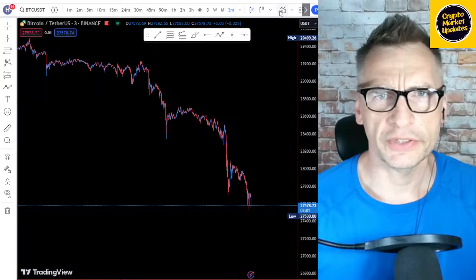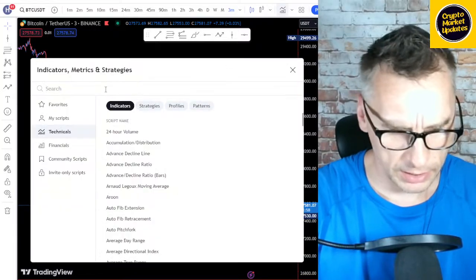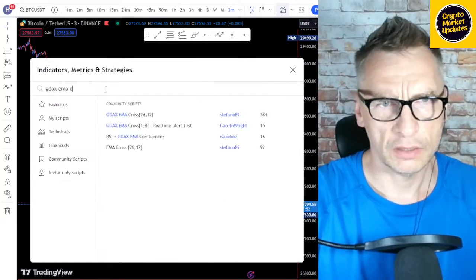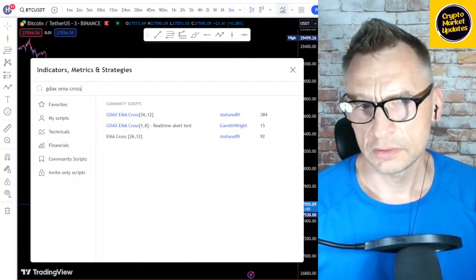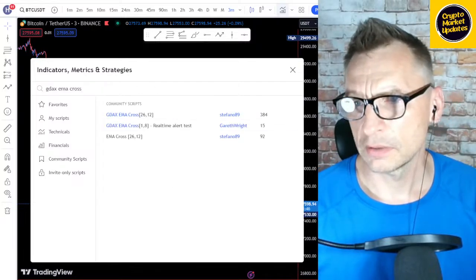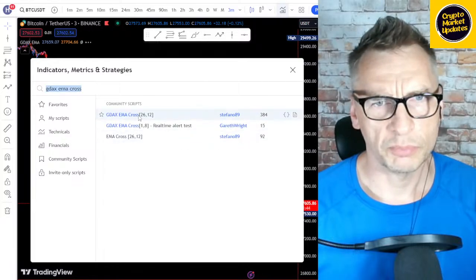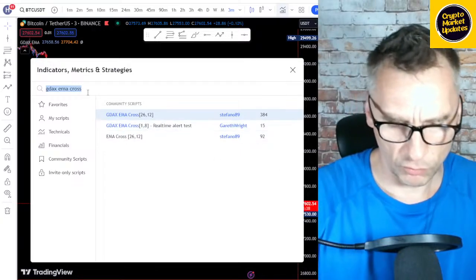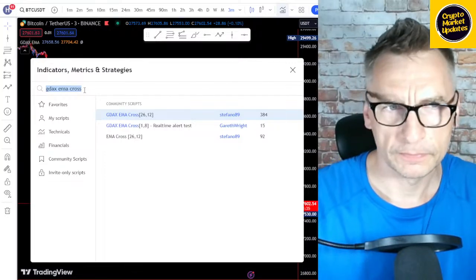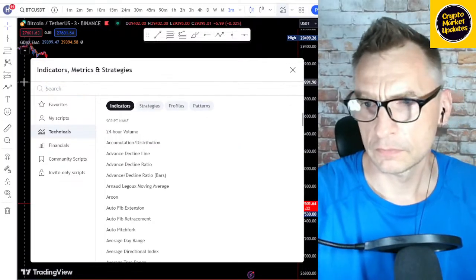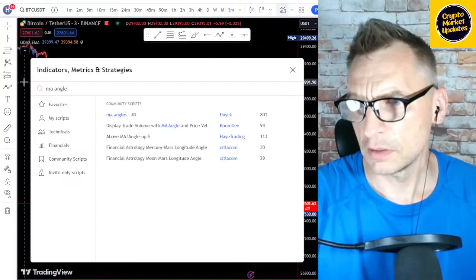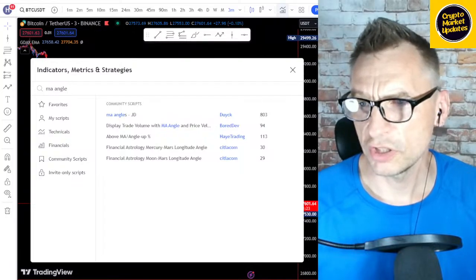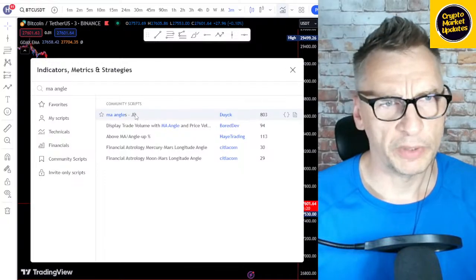The indicator we want is the GDAX EMA Ross by, I think this is it, by Stefano, and the second one is the MA angles by JD.